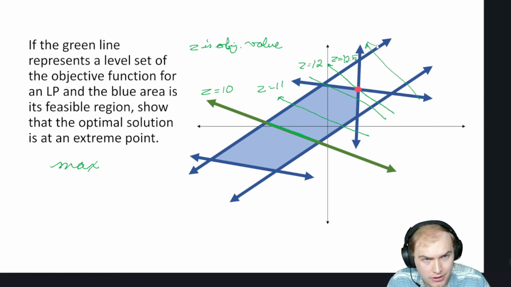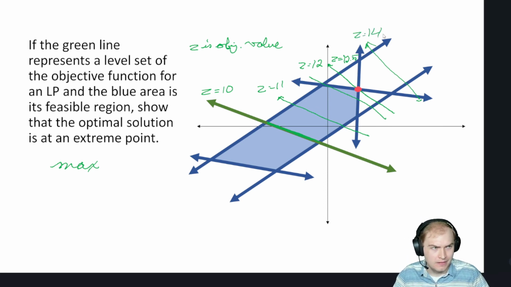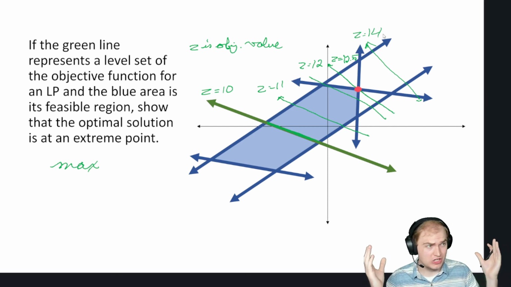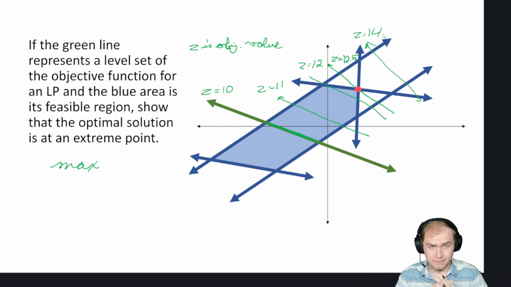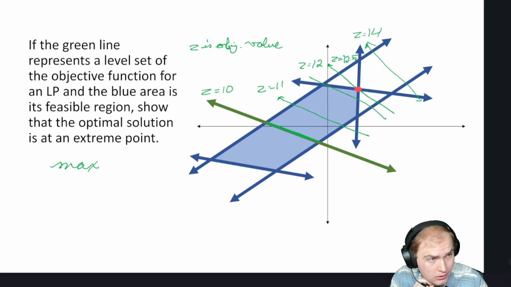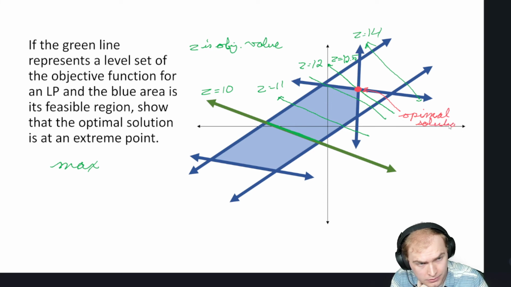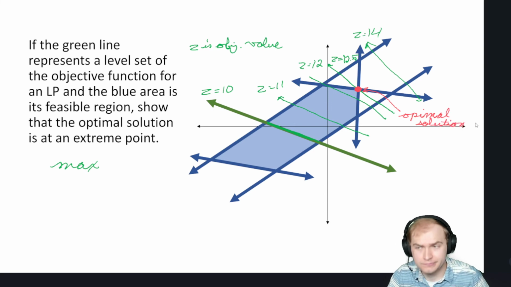And if we were to try to draw any larger level sets, z equals 14 maybe, that doesn't intersect with our feasible region at all, right? So this point is our optimal solution.